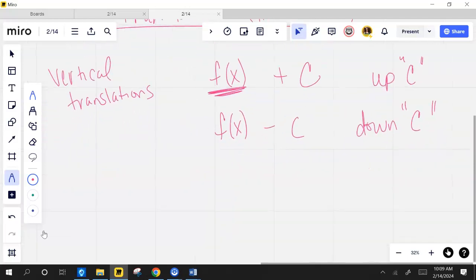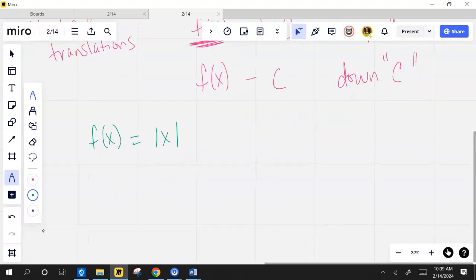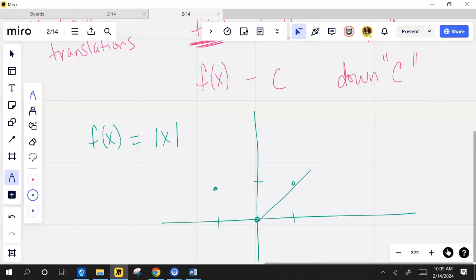So if I take that parent graph, let's say the absolute value, since that's what we were working on before, right? That parent graph goes 0, 0, 1, 1, negative 1, 1, right? Everybody agree? Say yes, because that's right. Okay.